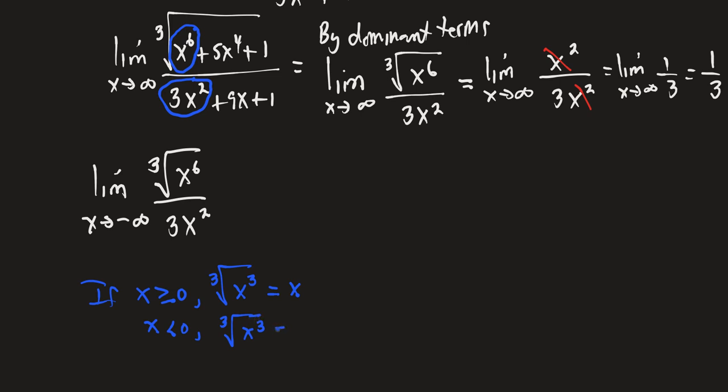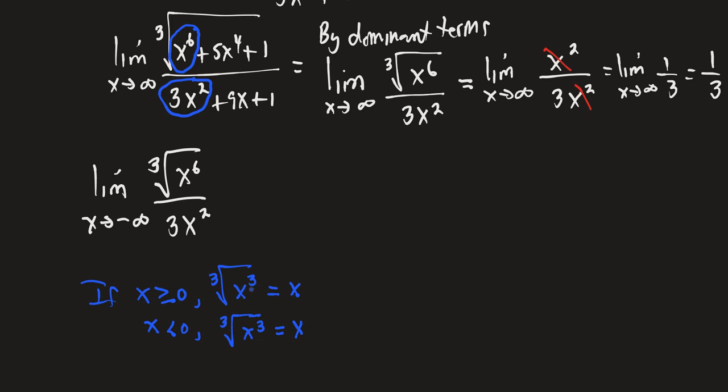So you're going to end up with negative x. Oh, actually, no. That's not right. If x is negative, then the cube root of x cubed is still going to be your x.